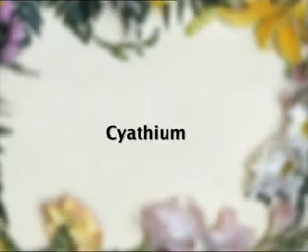After the basic types of inflorescences, we can find some special types of inflorescences. There are some special types of inflorescences found in plants which are formed due to some modification in the opening of flowers. The special types of inflorescences include number 1, cyathium.